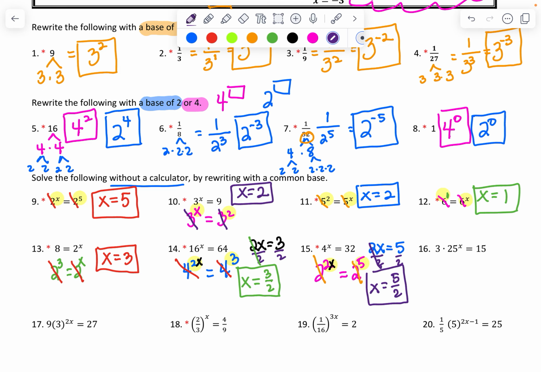What's left in this problem is 2x equals 1. So I am now going to solve that. 2x equals 1. Divide both sides by 2. And x is a half.